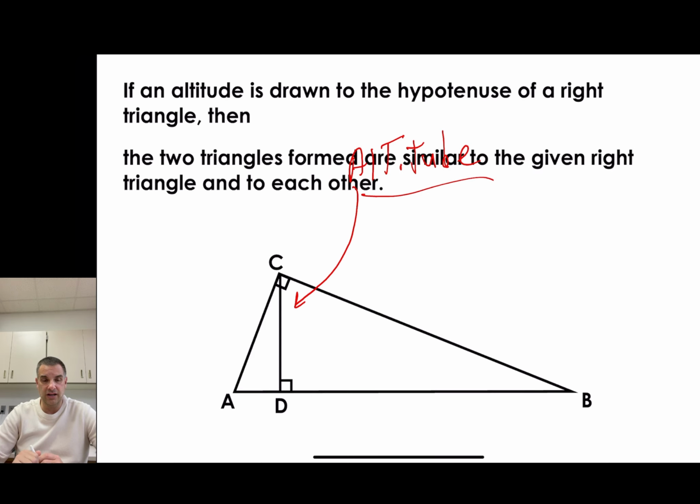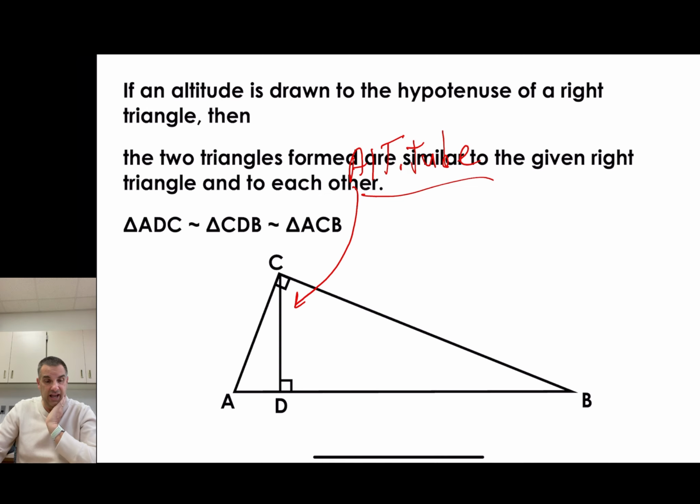The way we're going to use geometric mean is we're going to talk about the triangles that are created. And these triangles, these three triangles, are actually going to be similar triangles, given that we've got these right triangles sitting in here. Okay, so essentially we've got three triangles in here.